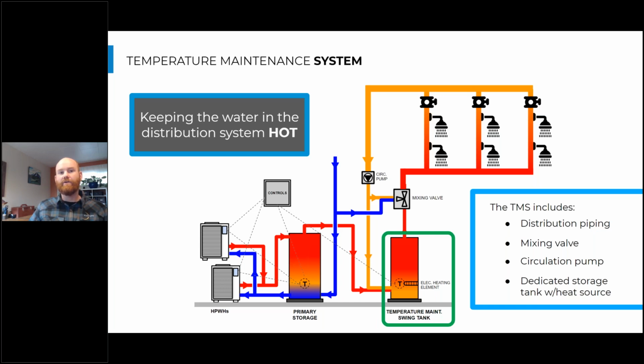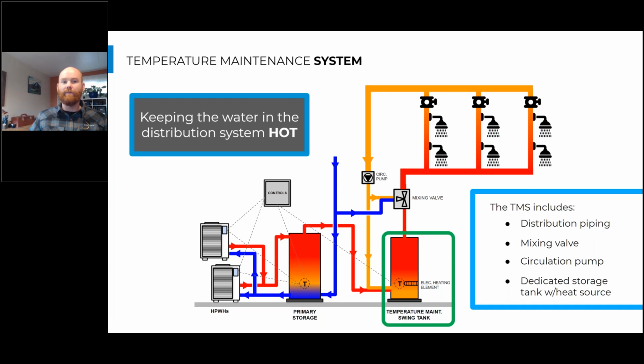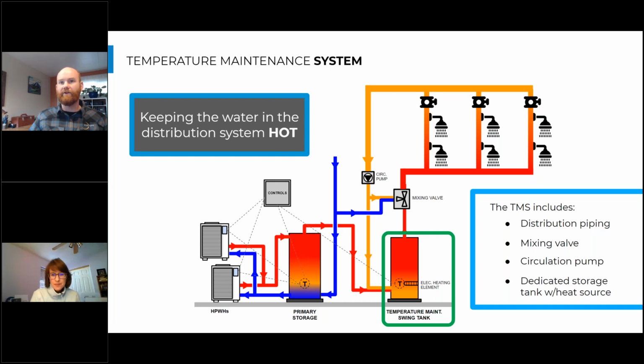And I would encourage you all to come back to the engineering deep dive, where we'll spend almost an entire session on better understanding this temperature maintenance system, how it impacts our heat pump water heaters, and what you as the designer or the engineer or the plumbing contractor need to be aware of when you're specifying or buying equipment for these large multifamily buildings.